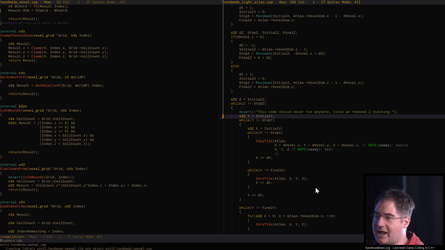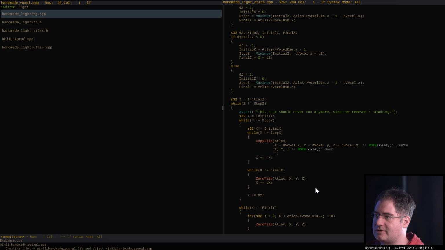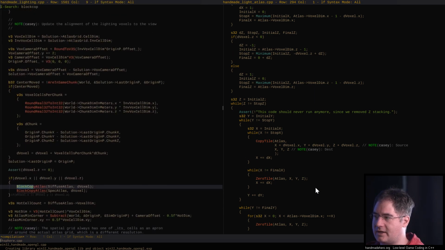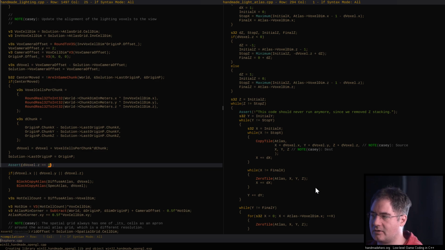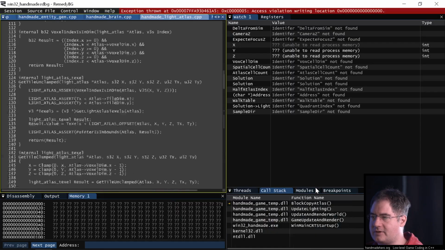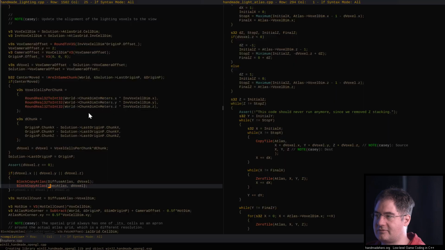I think I already asserted that this doesn't happen, because I'm pretty sure that in the actual lighting code itself, where we call block copy atlas, because this is the only place, we assert that the Z is always passed in as 0. So we should be relatively assured at this point that the Z code never runs. Okay, well, there you go. So that's something to investigate right there.